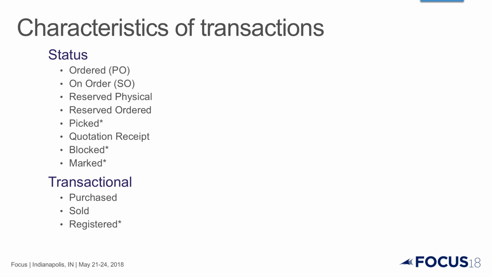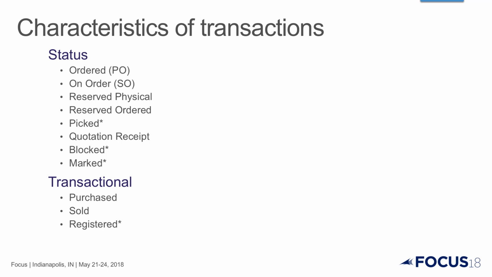Picked is the process of identifying that I've gone out and picked materials from a specific location and delivered them to a point where they're going to be processed. So an example of a sales order, as I go out and pick in the warehouse, I deliver that to an area where I'm going to do the shipping transaction, or what's called the packing transaction.